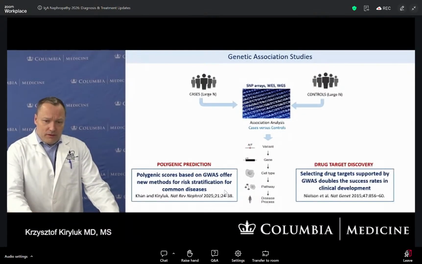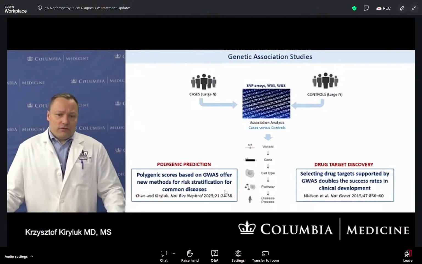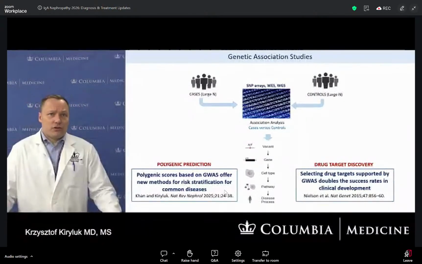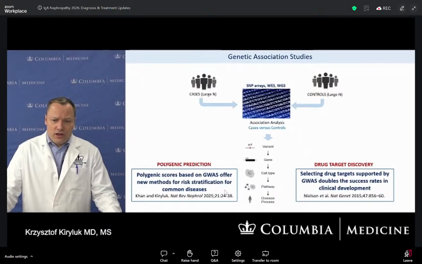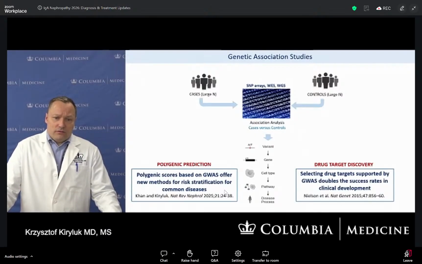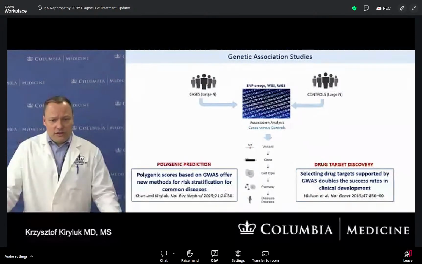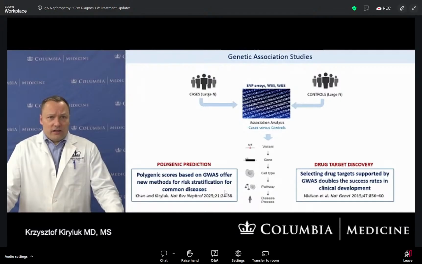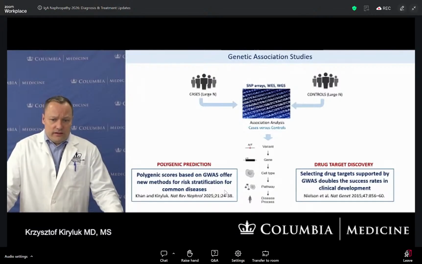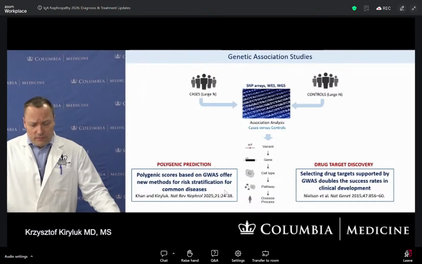And another application, of course, is the discovery of new biological processes, since you're using an unbiased genome-wide approach. And genome-wide association studies pointing to specific genes being involved in disease actually successfully identified multiple drug targets that were translated into successful therapies and new treatments for diseases.